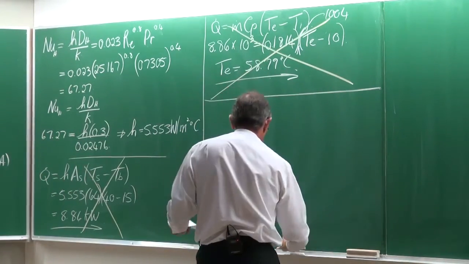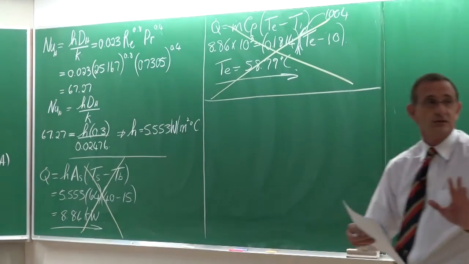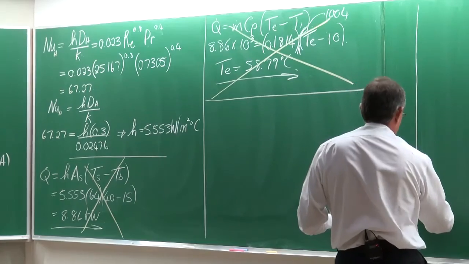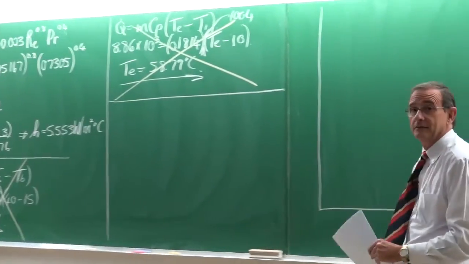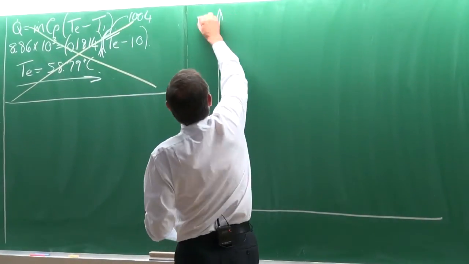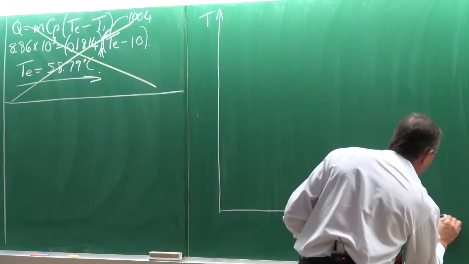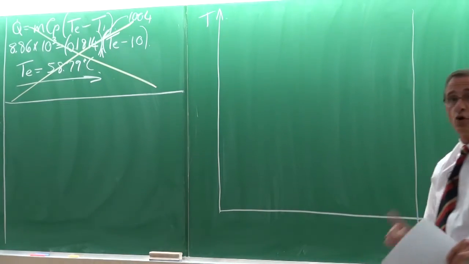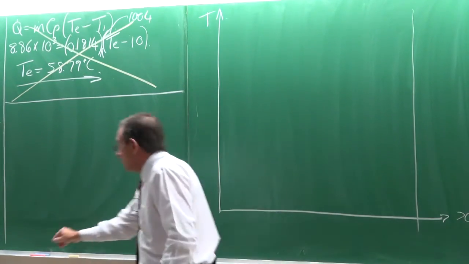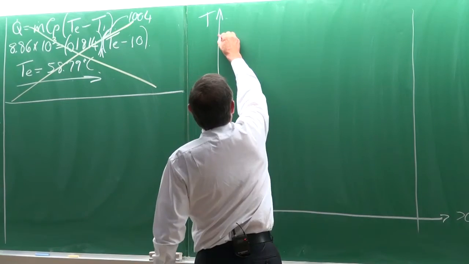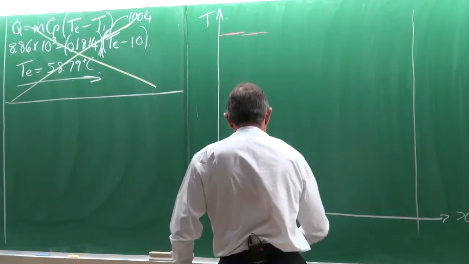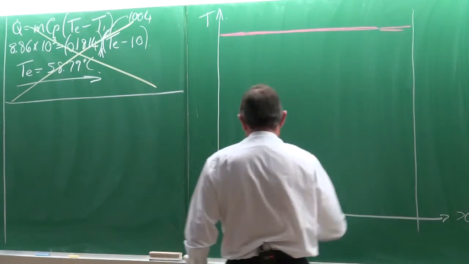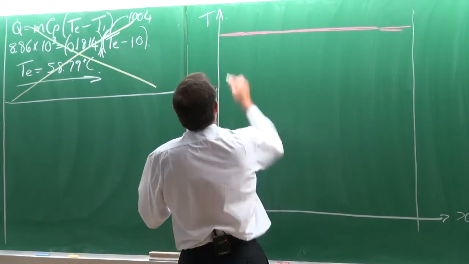Okay. Very important. So, I believe in sketches. Okay. Because it really helps you. Okay. We have this problem, a wall at 40 degrees Celsius. Okay? And this temperature is constant.